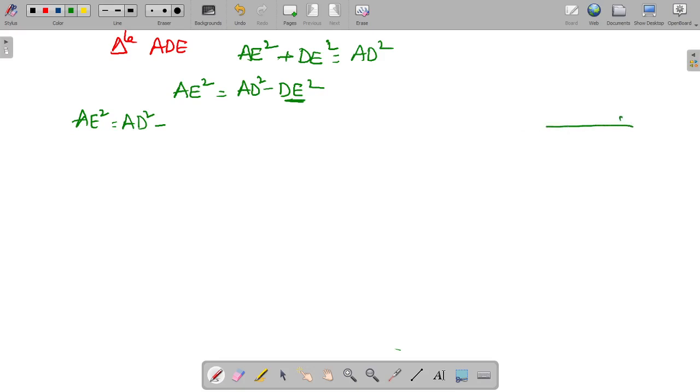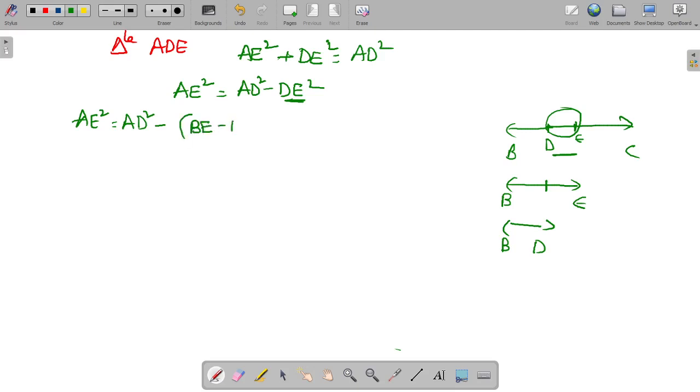So DE is nothing but, assume this is the BC side, this is E, this is D. DE is nothing but BE minus BD. So AD square minus DE square is AD square minus BE minus BD whole square.